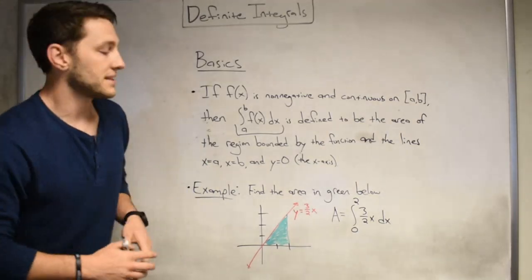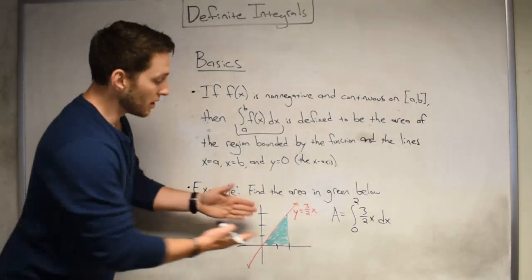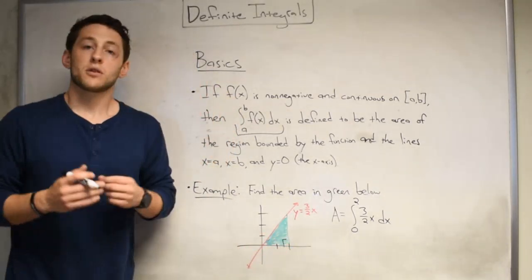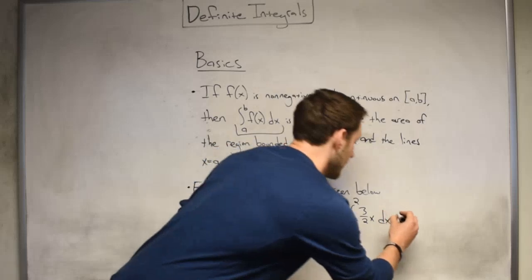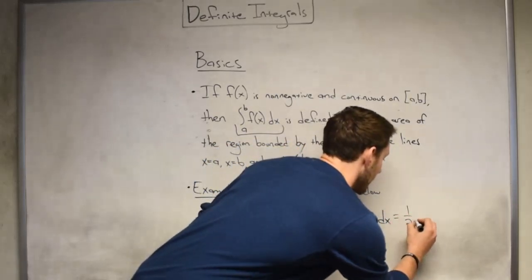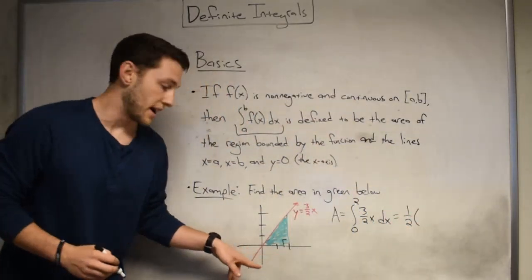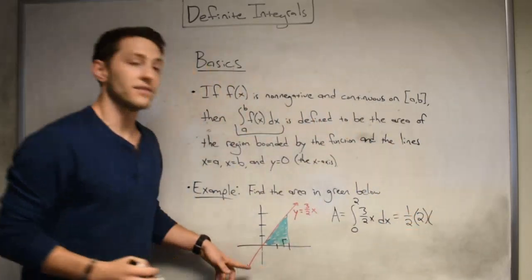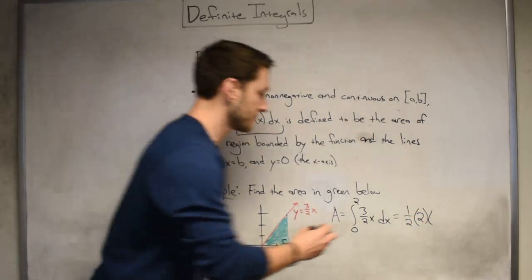Now before we dive into actually how we do that, we notice that it's just a right triangle. So therefore our area is 1/2 times the base of this triangle, length 2, times the height of this triangle, 3.